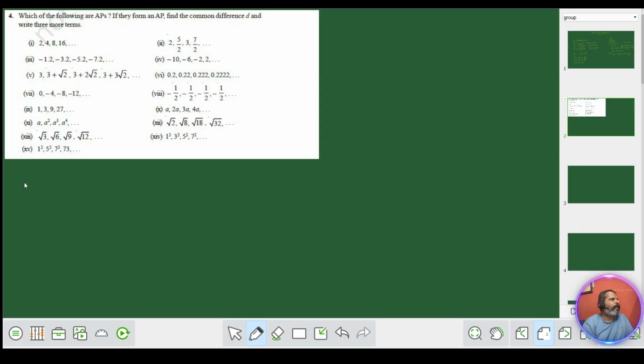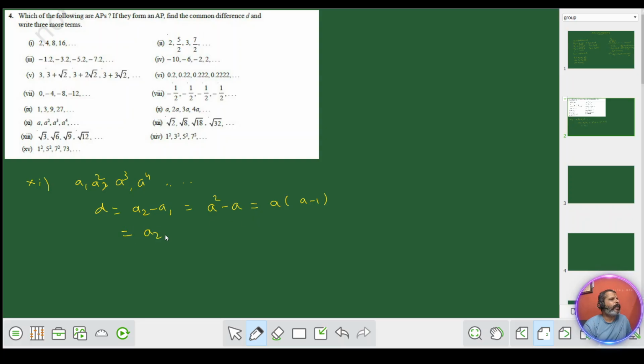The 11th one we will do. The 11th one: a square, a cube, a4. Here d is a2 minus a1. Don't get confused between a2 minus a1 and the given sequence terms, a square minus a, right? And a times a minus 1 we will get.